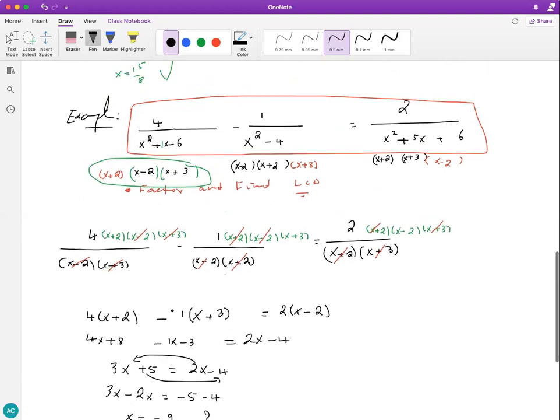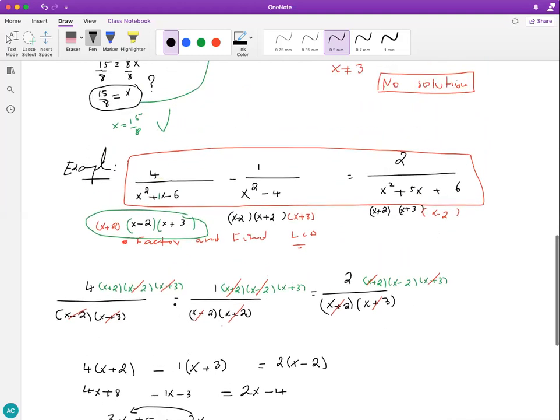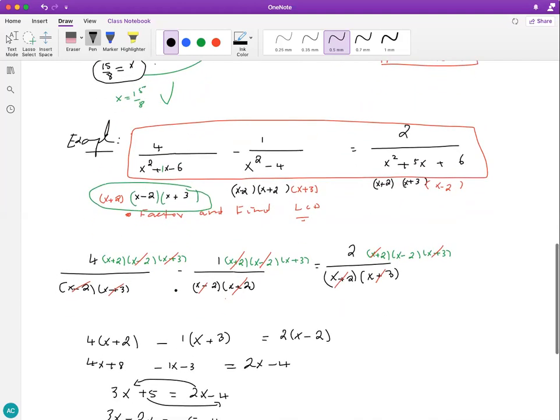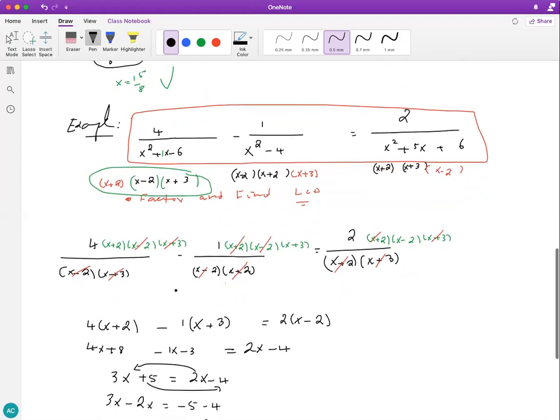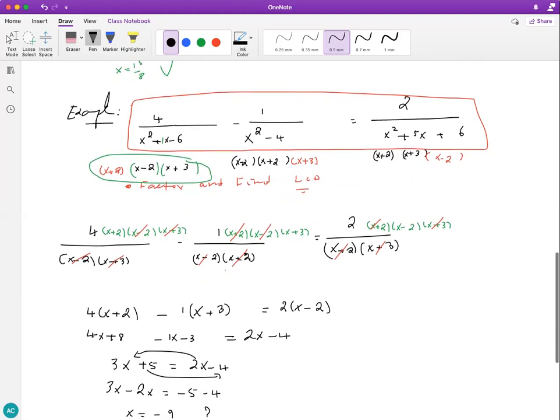So to see if it's valid, you go all the way back to the factoring. If you look at the factored denominators here, what values are undefined again? So here, x can't be 2. And what else? And here, x can't be what? Negative 3. Exactly.